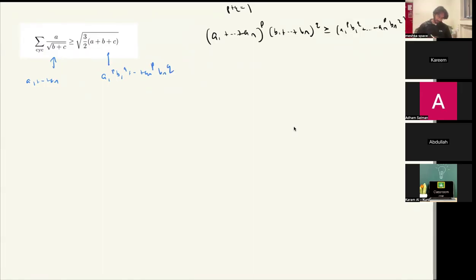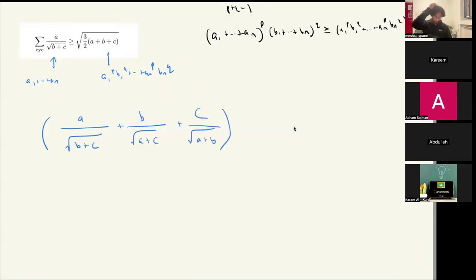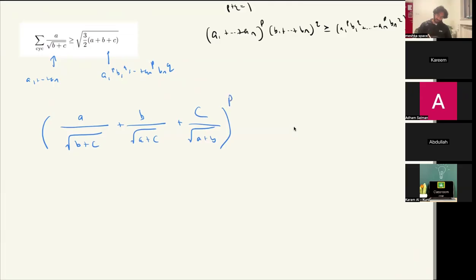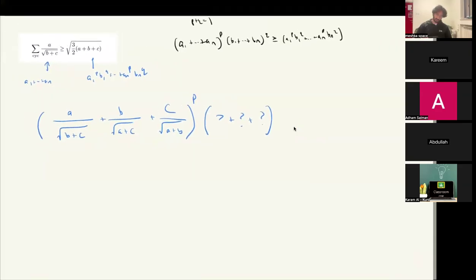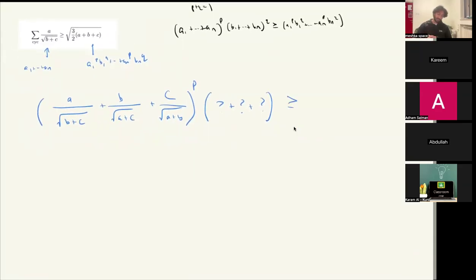So we want to use Holder in the following form, to the power of p. We'll decide what p is. And then here I don't know what to put. This is sort of the magic of Holder. You have to guess one of the terms. It's never clear.